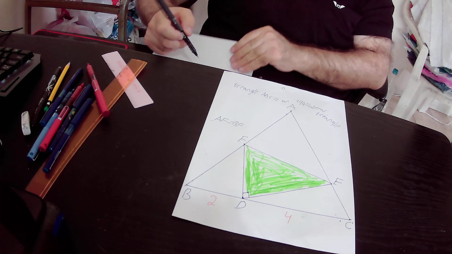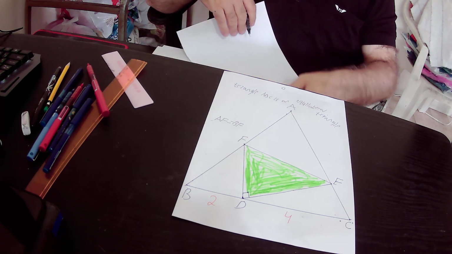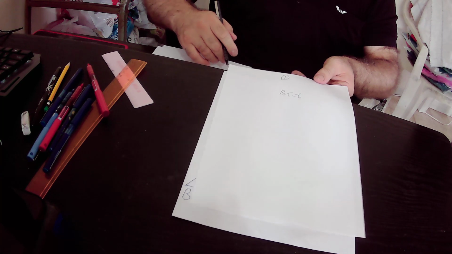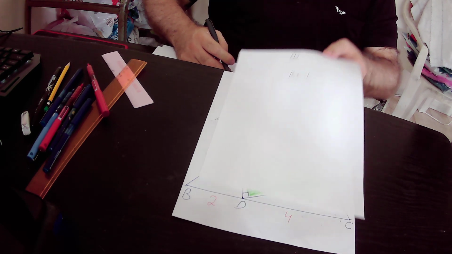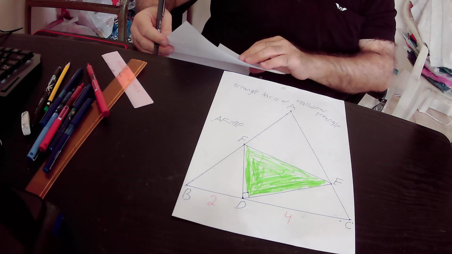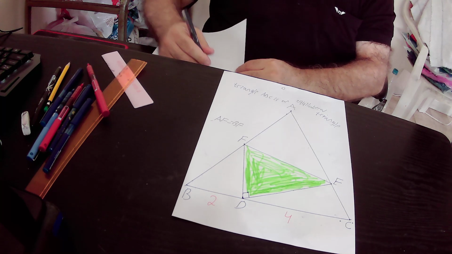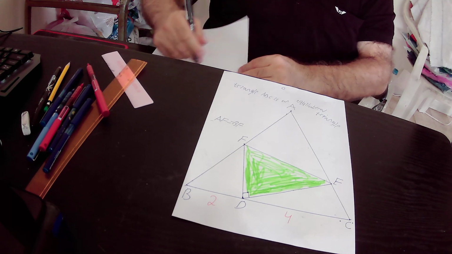Okay, BC equals 6 units. All the sides of an equilateral triangle are equal to each other, so AB also equals AC, and they equal 6 units.